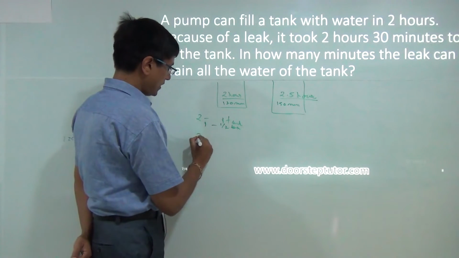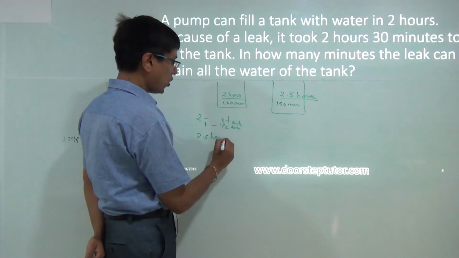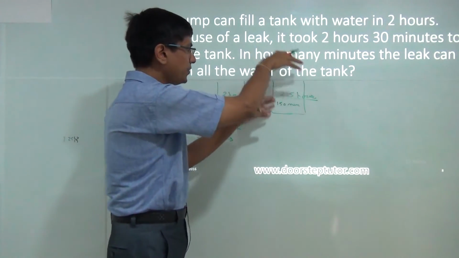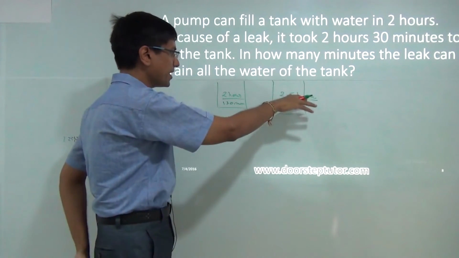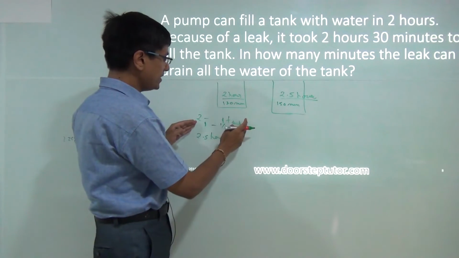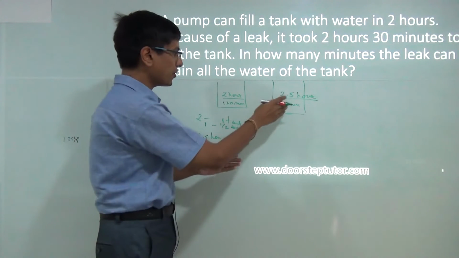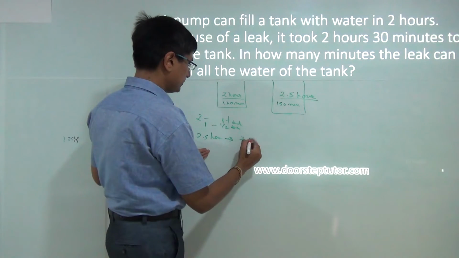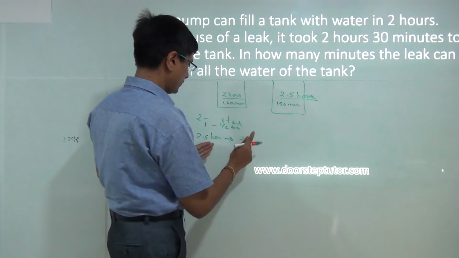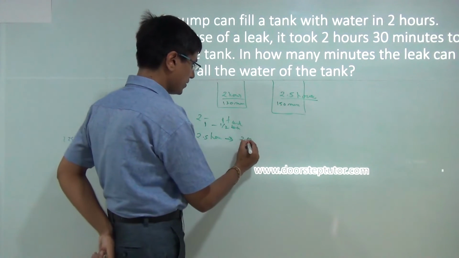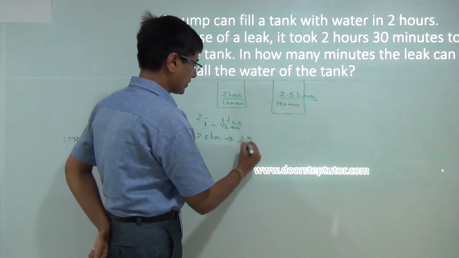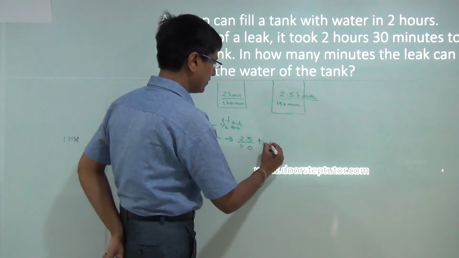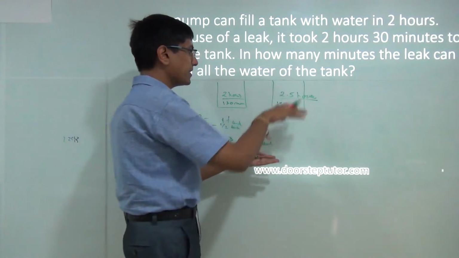So in 2.5 hours, how much water was really poured by the pump? This is what I am trying to find here. In 2 hours it fills one tank, so in 2.5 hours, 2.5 divided by 2 tank worth of water was really poured by the pump.